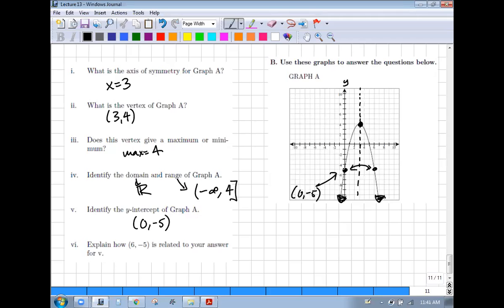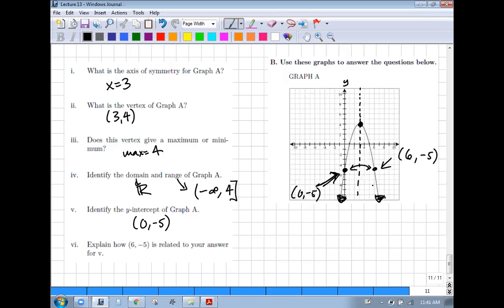If you find the y-intercept by plugging in x equals 0, you can easily, just by thinking, know what this point here is. It has the same -5, but we'd have to go to the right 6.